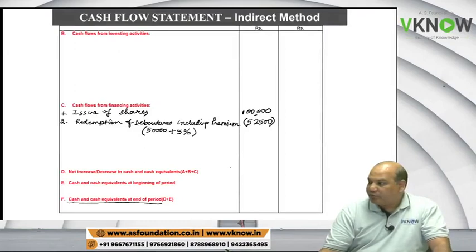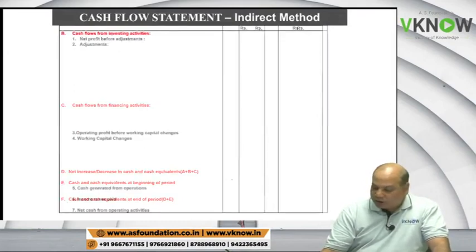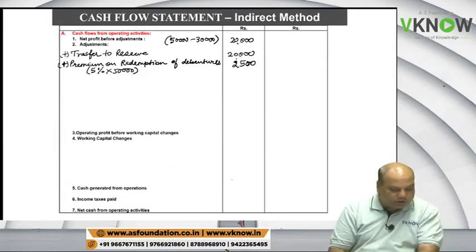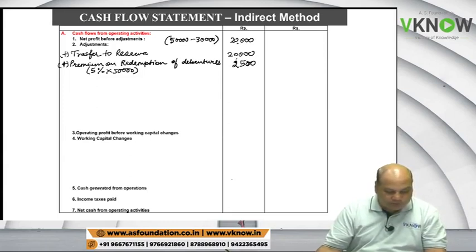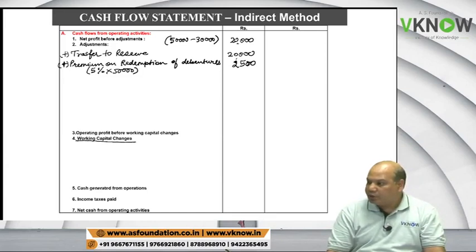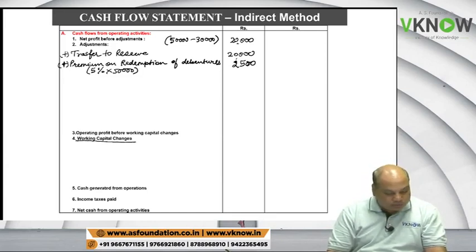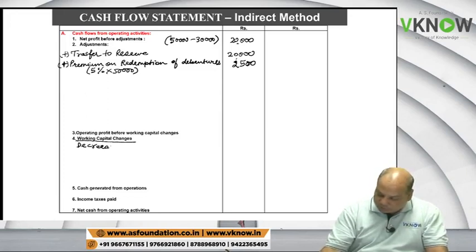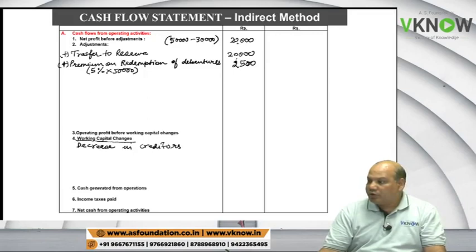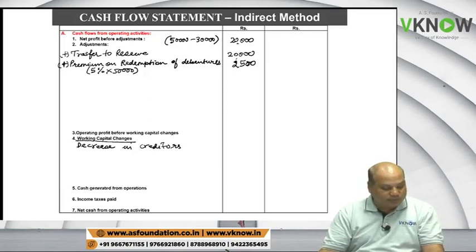Trade creditor is a working capital adjustment item. Trade creditor was 90,000 and from 90,000 it has become 70,000. So in operating activity point 4, you will write down decrease in creditors.